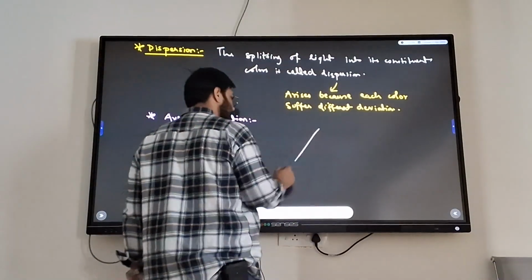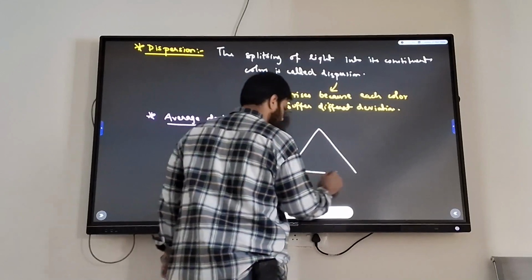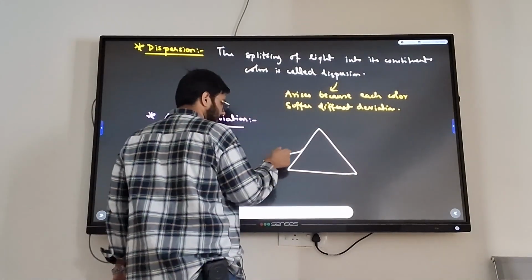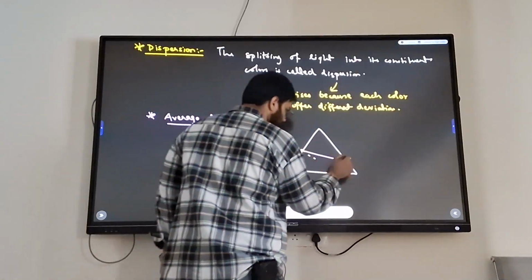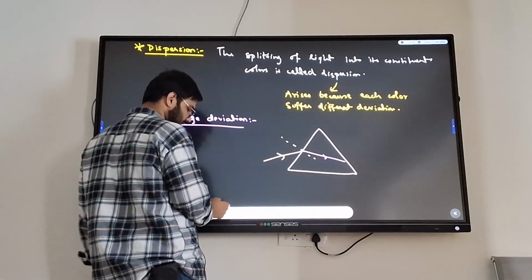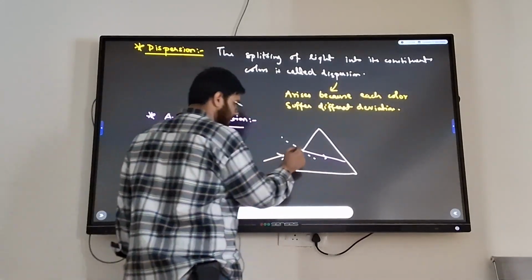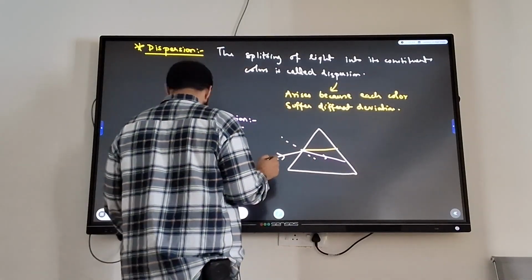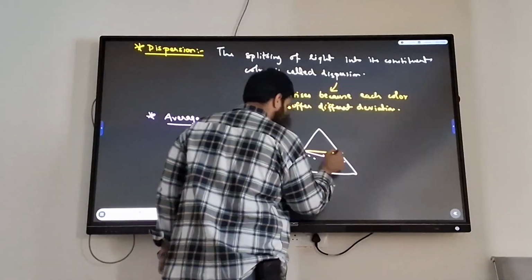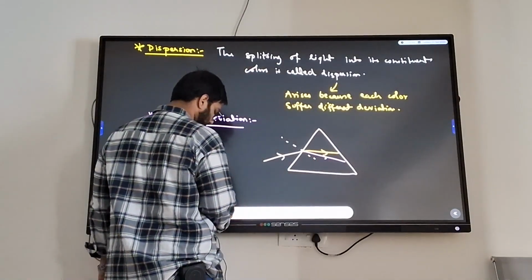Let's say you have a prism and the ray of light is coming like this. There can be a red color as well.